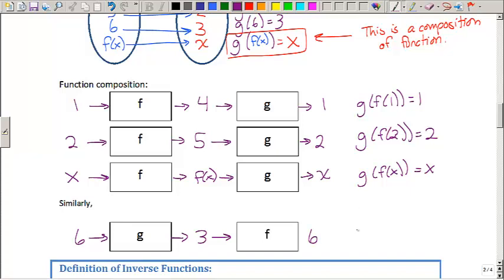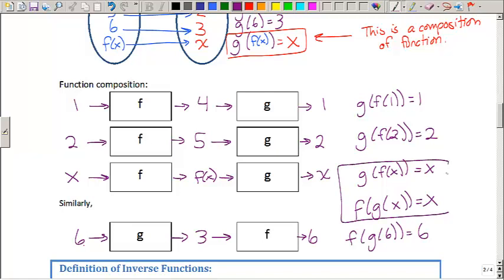Therefore, the same property works forwards and it does work backwards. So therefore, f of g of 6 is equal to 6. I started with a 6 and I'm ending with a 6. When I generalize this, I'm getting f of g of any value x. When I put x into g and then take that answer and plug it into f, I should get itself back if f and g are inverses.